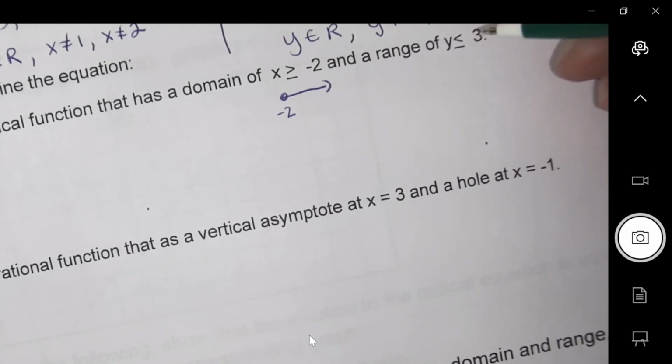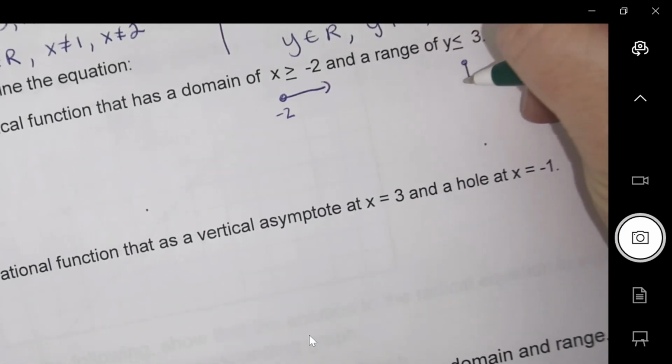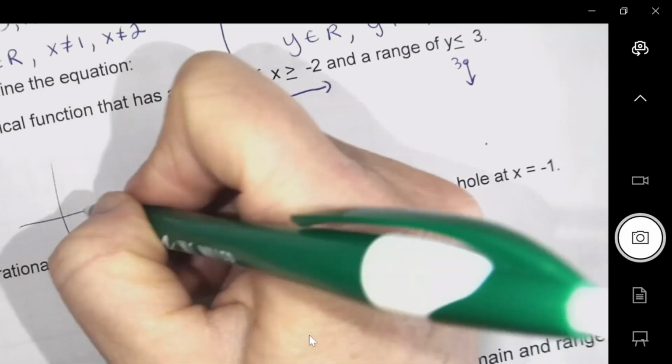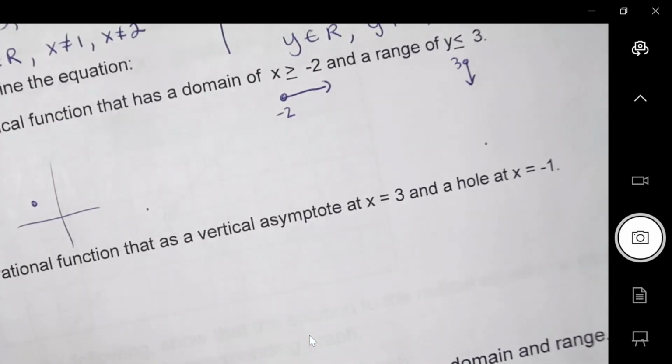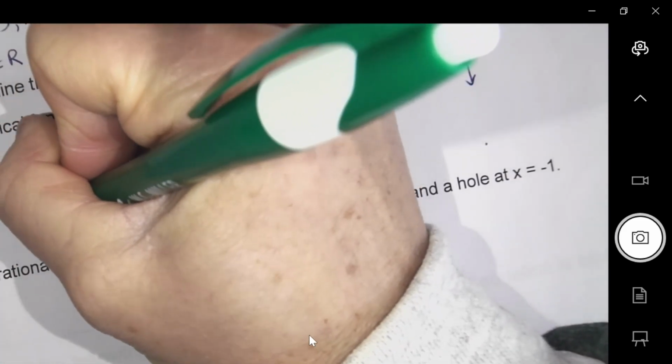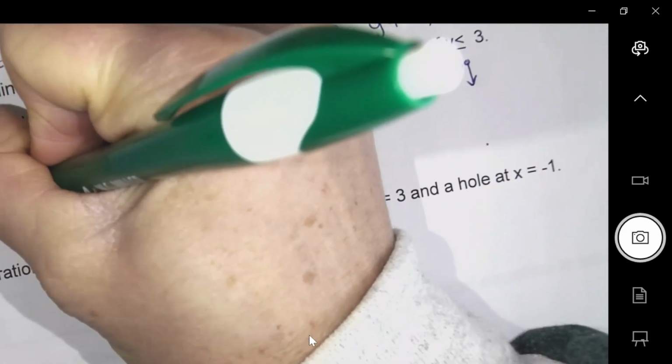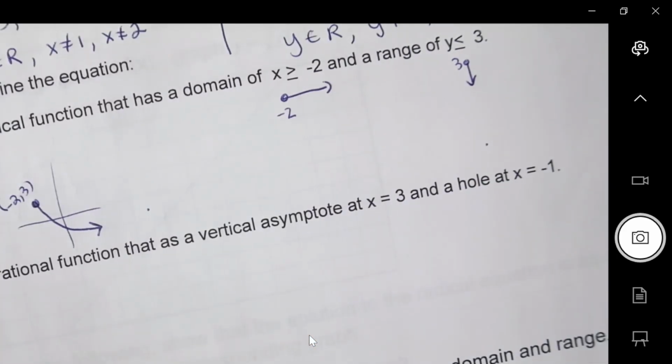This symbol says less than. Okay, so there's a very simple idea of what it's looking like. Okay, starting point, and then I'm going right down.